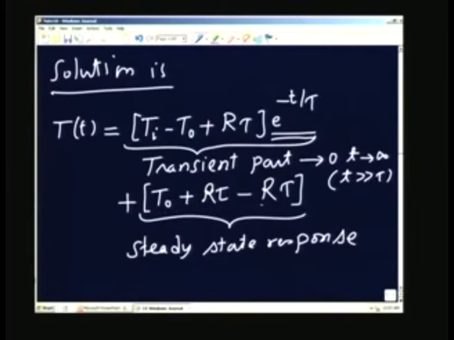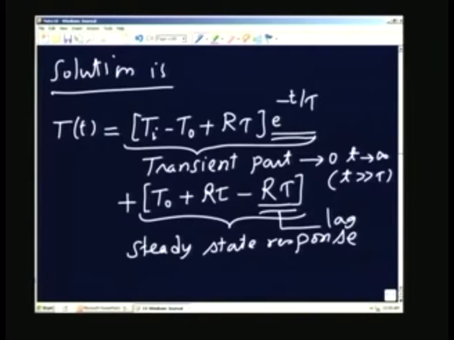Therefore, there is a small lag with respect to the input. That means that the two are going to vary alike, with a lag; the response of the sensor will lag behind the response of the input.